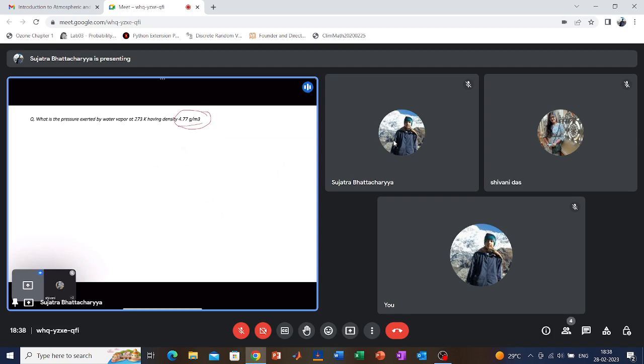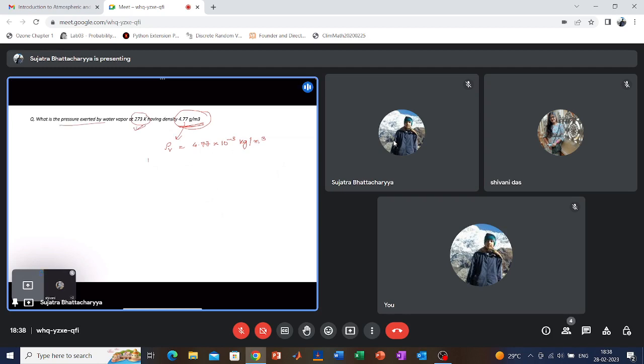But this is not in kilograms per meter cube, so you convert it into kilograms per meter cube. How to do that? Simple, 4.77 grams to kilogram, into 10 to the power minus 3 kg per meter cube. Fine. Now 273 Kelvin is already known to us. What is the pressure? We need to find out.